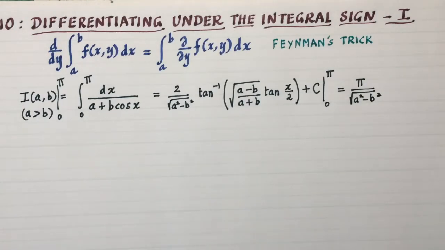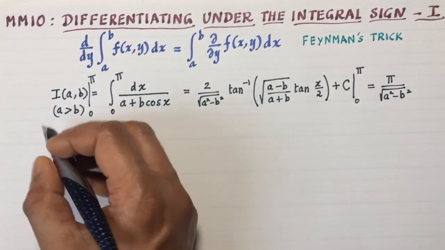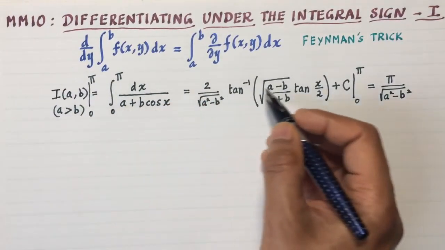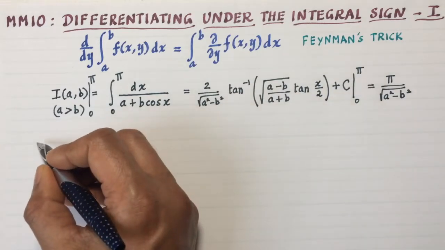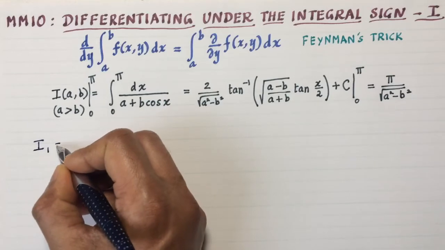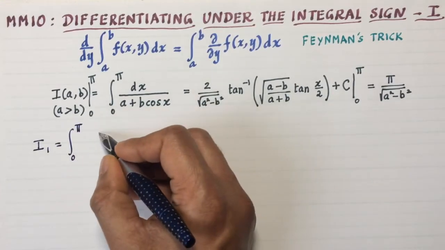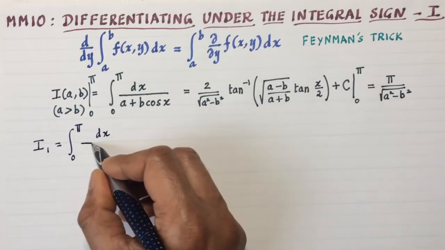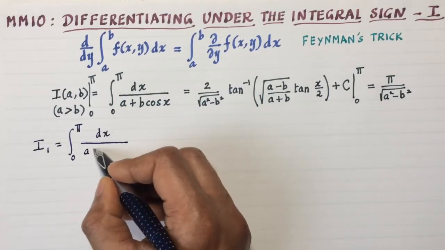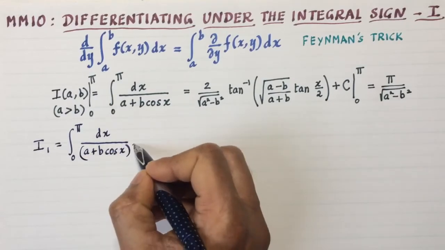Now, in order to figure out what you can do with this, let me try to evaluate two integrals. Let's suppose I've already done the hard work here, and then someone comes and tells me, hey, an application came up and I want you to evaluate the integral from 0 to pi of dx over a plus b cosine x, but squared.